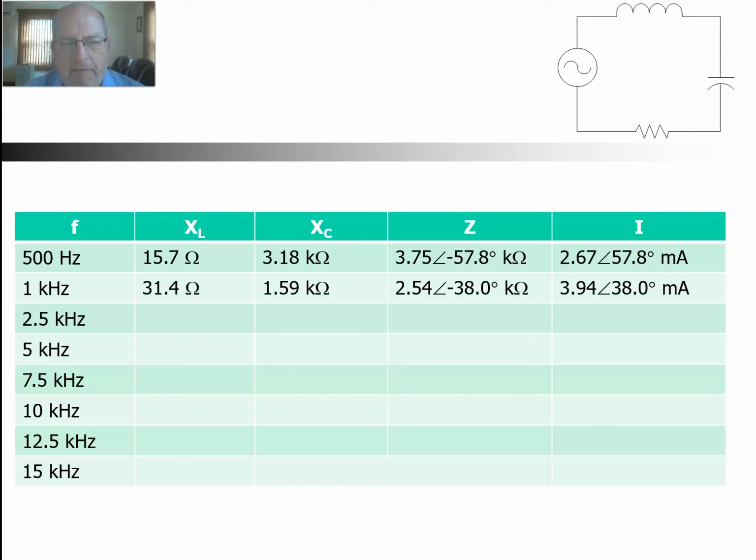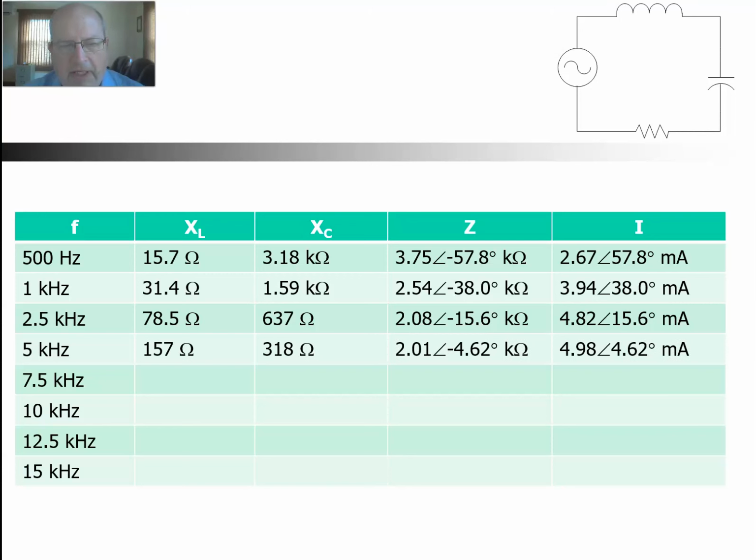Following the pattern we did for the first two frequencies, for 2.5 kilohertz you should have got 78.5 and 637 for X of L and X of C. That gives you a current of 4.82, angle 15.6. We do the same thing for 5 kilohertz: 157, 318, and the current 4.98.